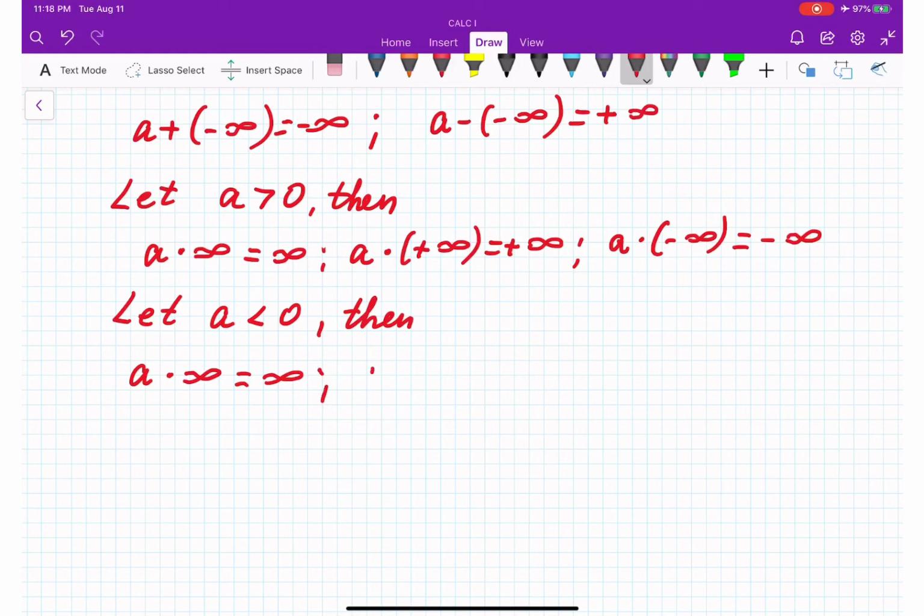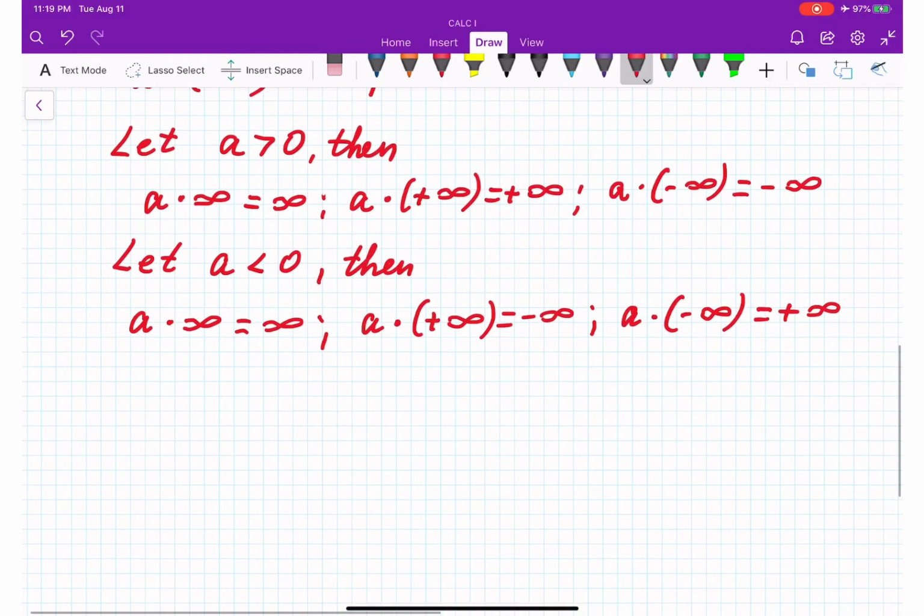But if I take a and multiply by positive infinity, I'm going to get negative infinity. Why? Because a is negative, multiplying by positive, it's going to be negative. Negative times positive is negative. And if I multiply a by negative infinity, what do I get? Negative times negative, because a less than 0 is negative. The result is going to be positive infinity. All right? Okay.